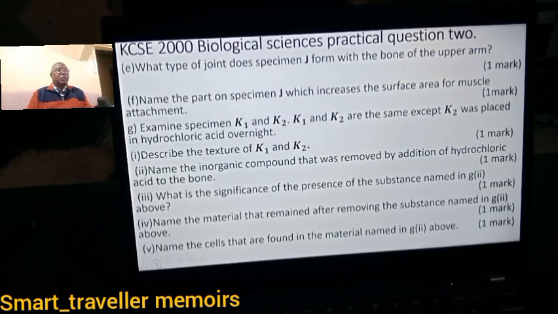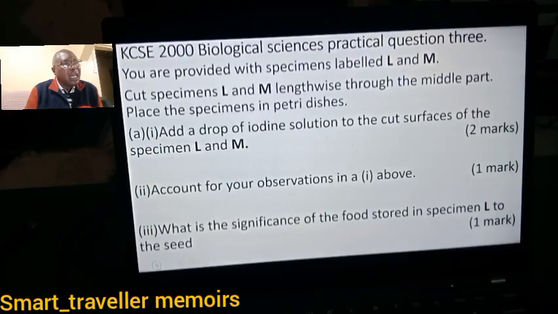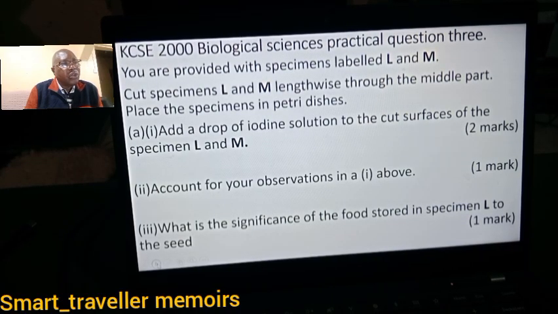Question 3. You are provided with specimens labeled L and M. Cut specimens L and M lengthwise through the middle part. Place the specimens in petri dishes. A. Roman 1. Add a drop of iodine solution to the cut surfaces of the specimen L and M. A. Roman 2.